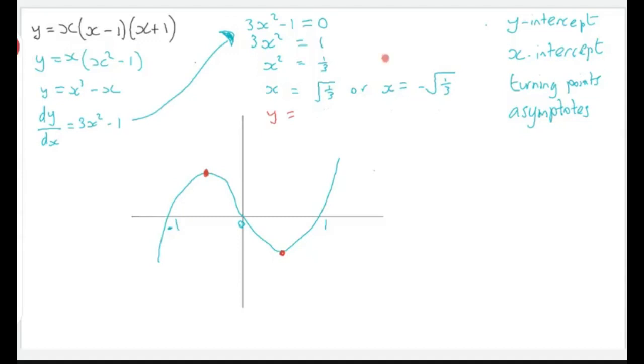It's just when I'm trying to read them out, it's really weird. But I got minus 2 root 3 over 9 for the first one. Okay.